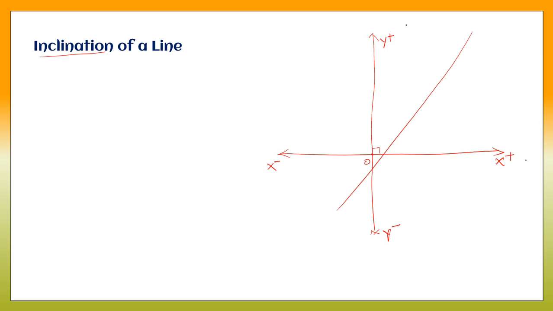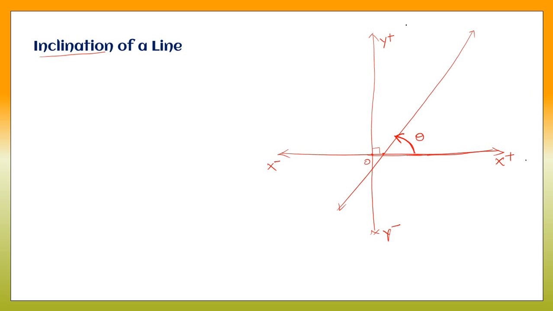Suppose I draw a line. This line cuts my x-axis at a particular point, and when it meets the x-axis at a point, it makes some angle with the positive direction of the x-axis. If a line makes an angle theta with the positive direction of the x-axis, we consider this angle in the anti-clockwise direction.